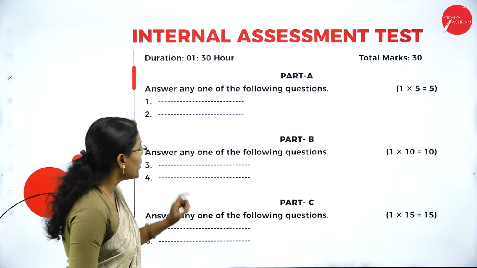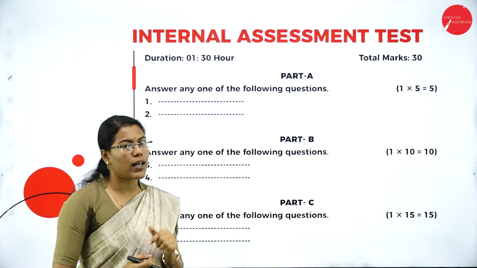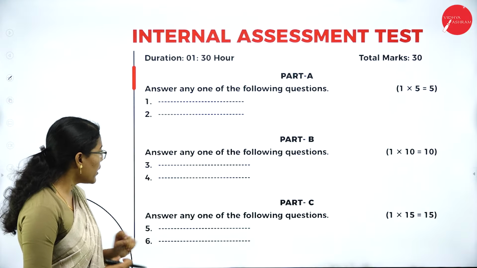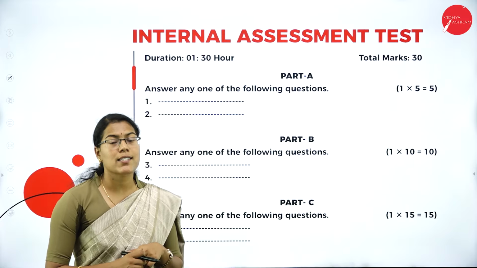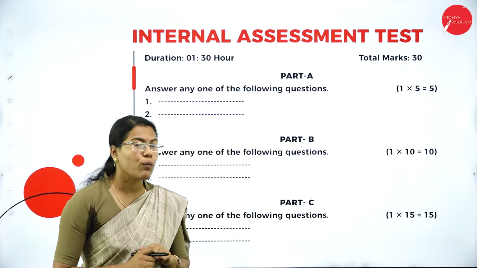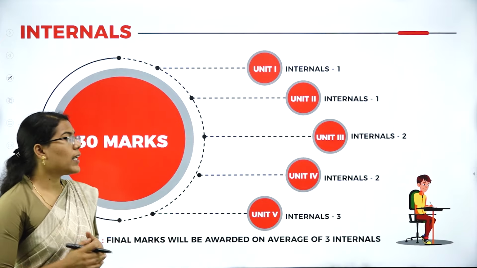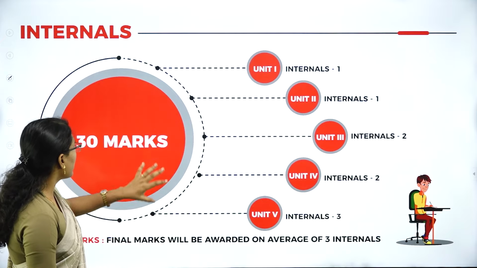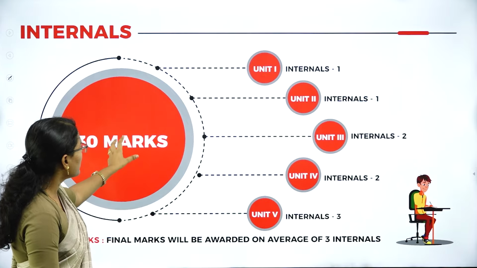In part B, there will be 2 questions carrying 10 marks, and you need to answer any one. In part C, there will be 2 questions carrying 15 marks, and you need to answer any one of them.